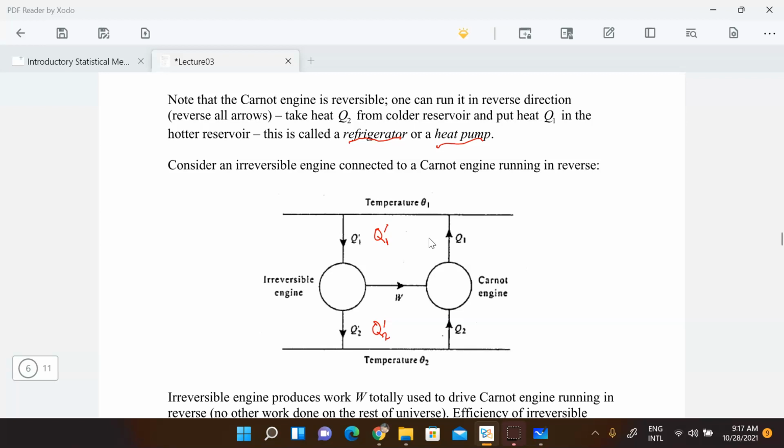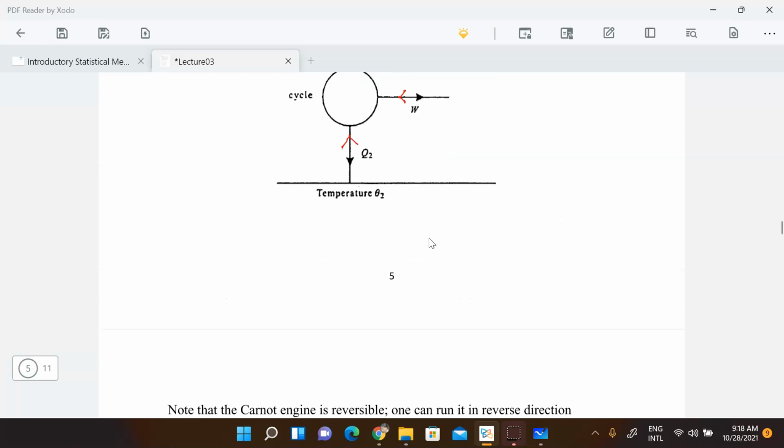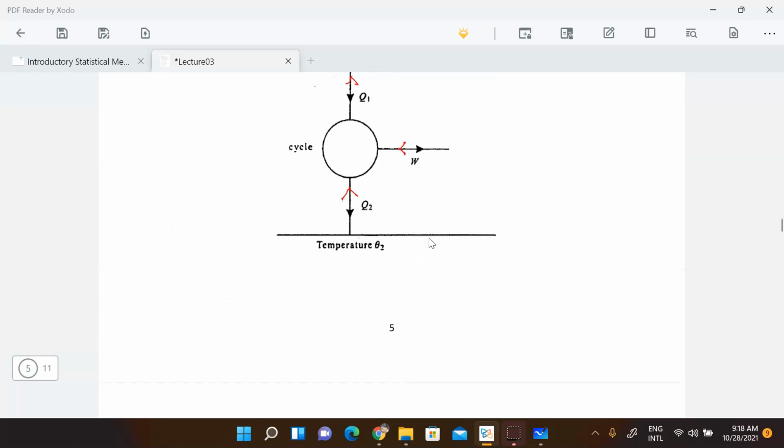What can be done is that you make this work the work done on the system for the Carnot engine. Remember earlier we had the picture over here. You have this work done on the system so that it reverses the process, moving heat from the cold reservoir to the hotter reservoir, so it becomes like a fridge.